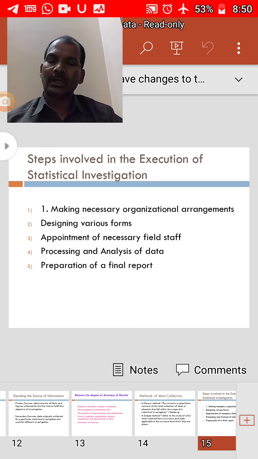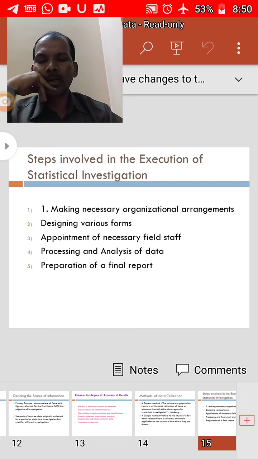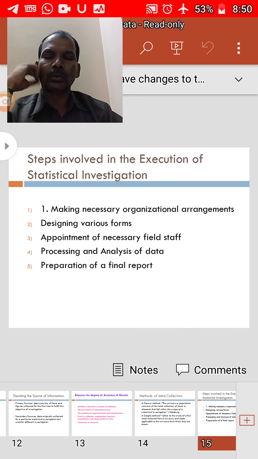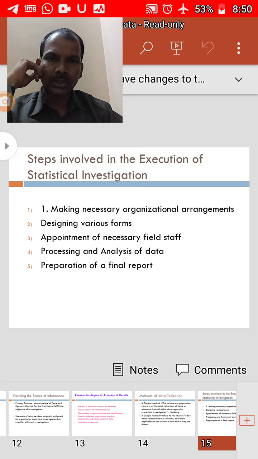Once the investigators are equipped with requisite training, they can be sent for enumeration. If necessary, field checks and field audit may be introduced to avoid collection of irrelevant data. All precautions should be taken to convince the non-respondent to give necessary information.